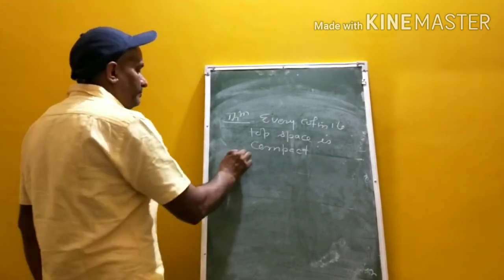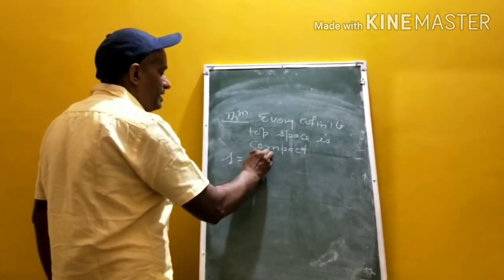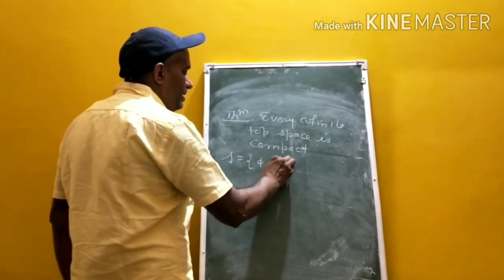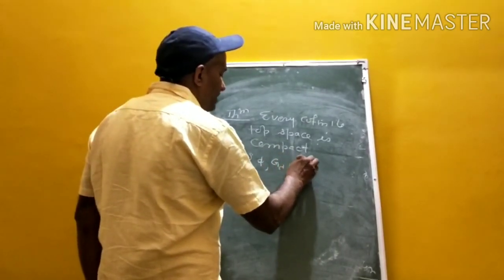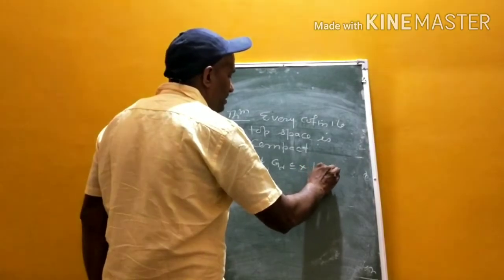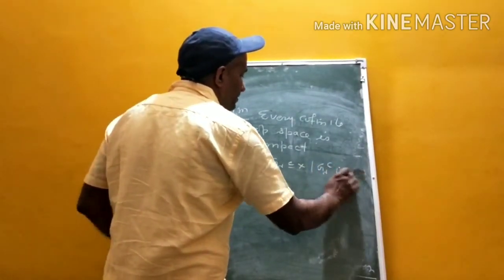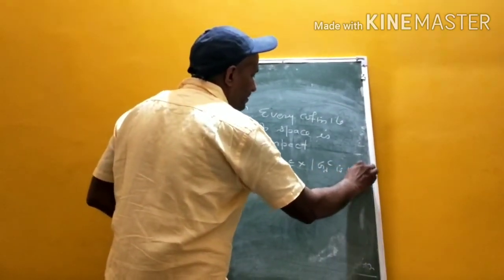Let T be a cofinite topology. We can write T as the empty set together with all G lambda that are subsets of X such that G lambda complement is finite. Here X is an infinite set.